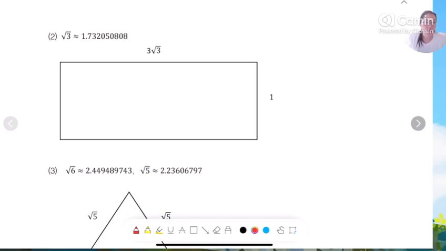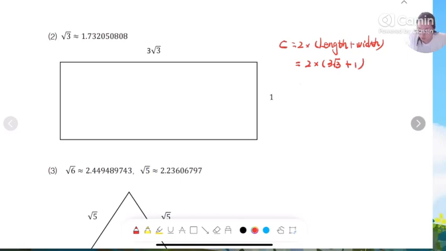Exercise 2 is also to find the perimeter of the rectangle. The perimeter of the rectangle is C equal to 2 times the length plus width. So it's equal to 2 times 3 times the square root of 3 plus 1.